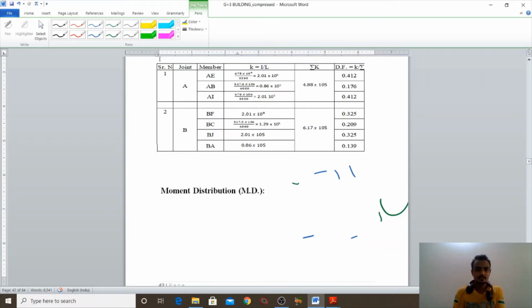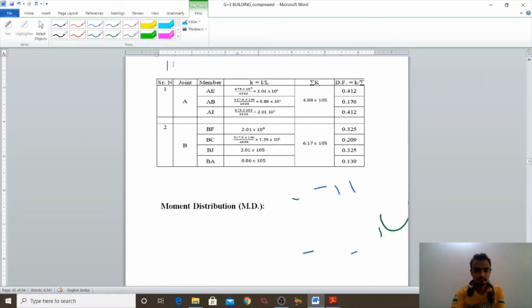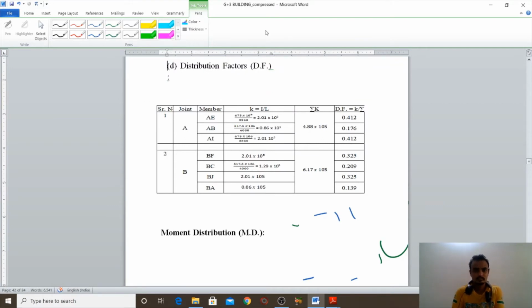Then after that, distribution factor. We have to find out the distribution factor. So for the distribution factor we have a table: serial number, joint, member, K, K upon I L, DF, K upon sigma K. So joint A has three members: AE, AB and AI.